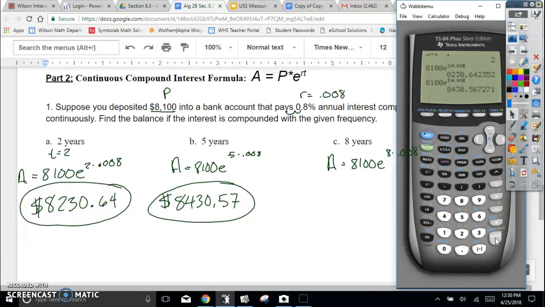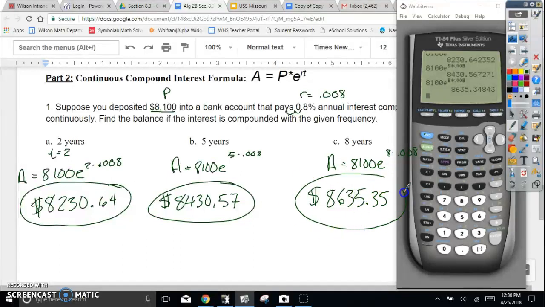Okay, so let's try this again. Second enter. Now I'm going to change 5 to 8. All right. We're looking at $8,635.35. All right, so you made $535.35 over the course of 8 years. Not too bad. So we're going to keep moving down to the bottom here.